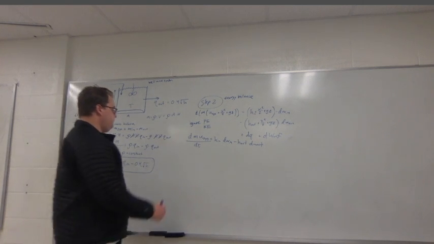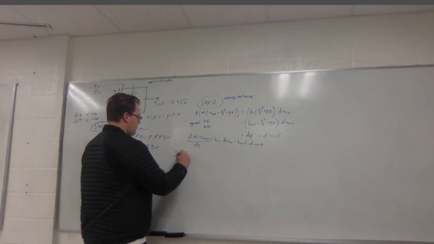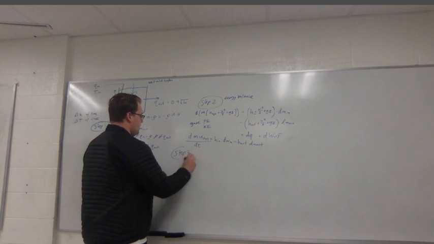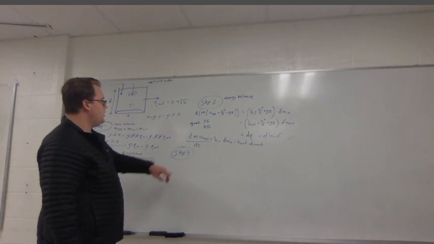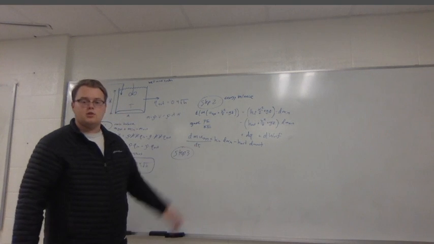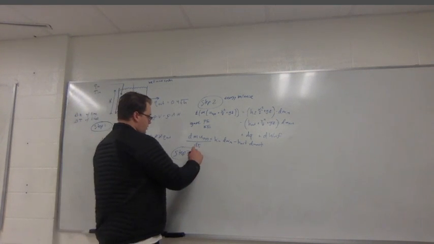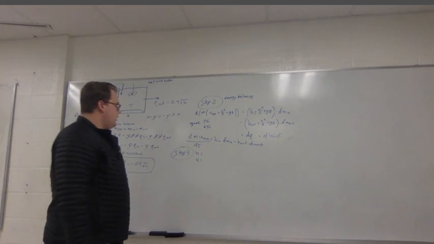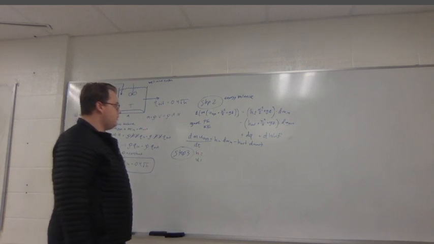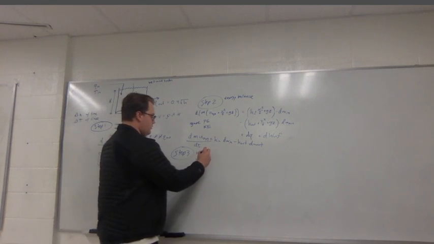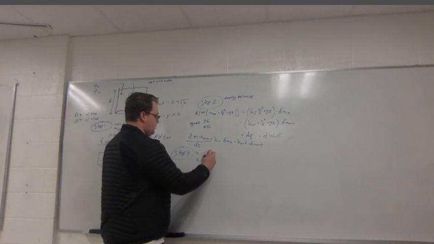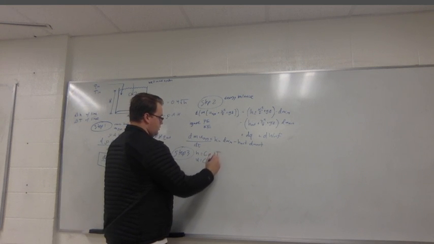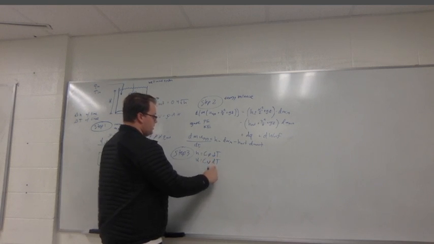So the next step is that I need to better understand my enthalpy and my internal energy of my system. So H and U. And these can also be written with respect to specific heat times change in temperature and specific volume times change in temperature.